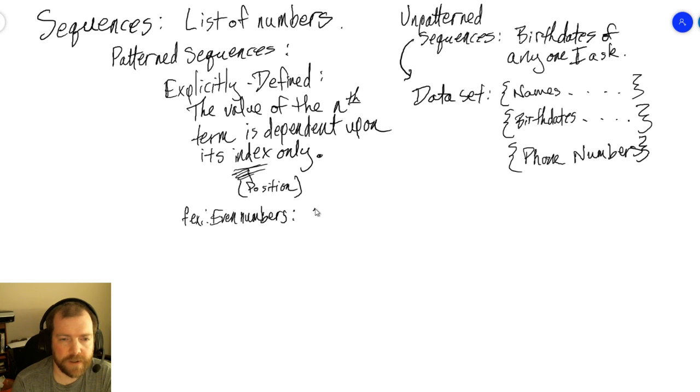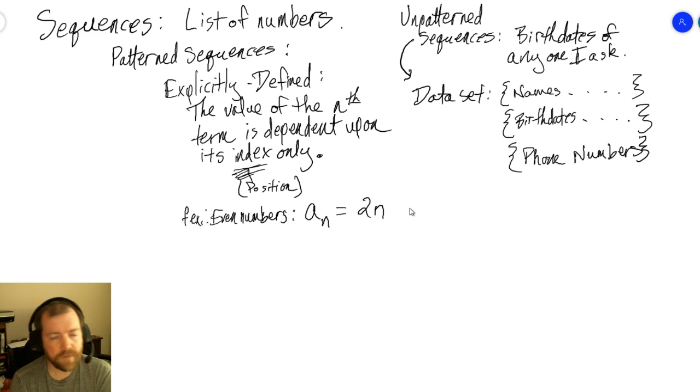If I let the sequence of all positive even numbers be a sub n, and we let that be 2 times n. So the list of all positive even numbers would be a sub n is equal to 2 times n.